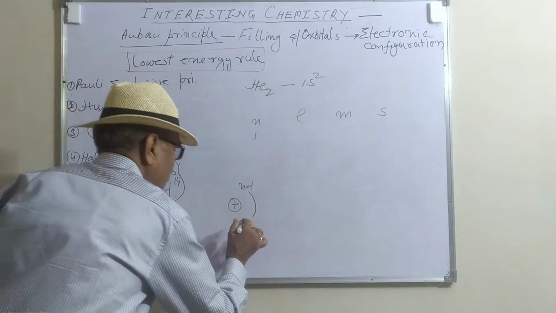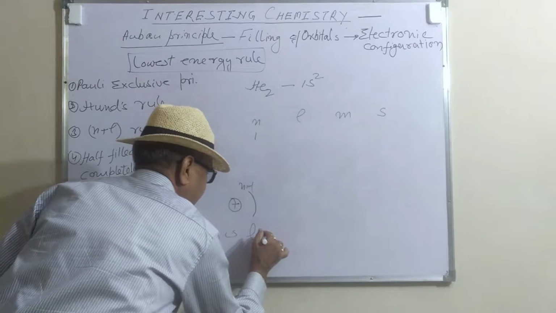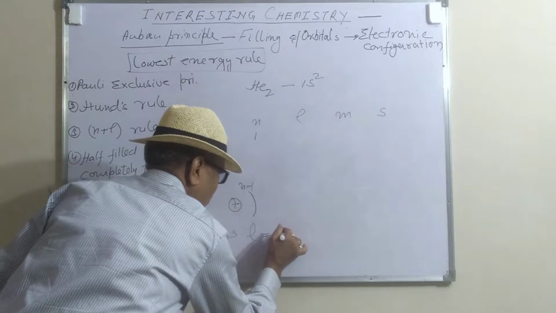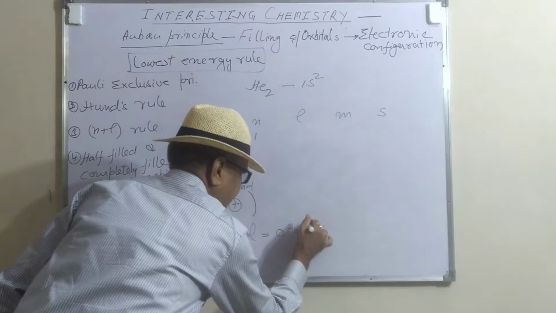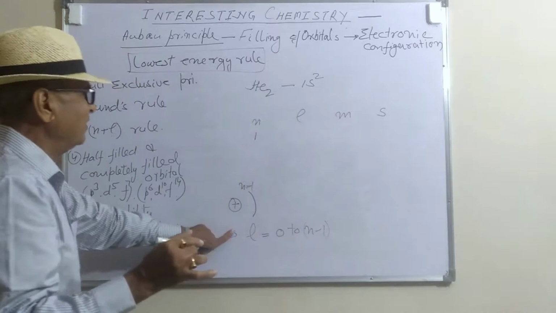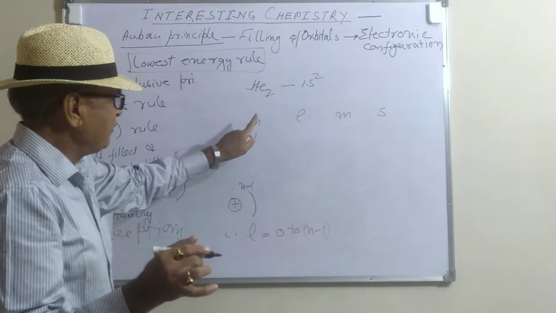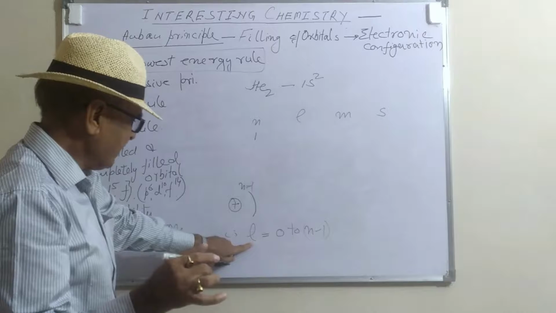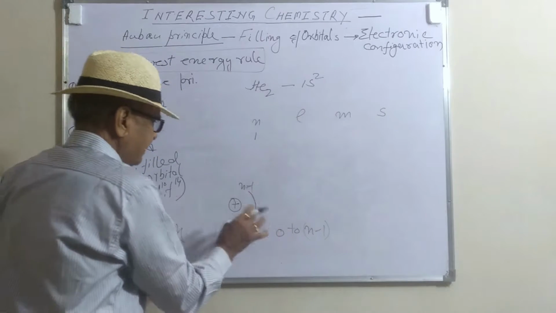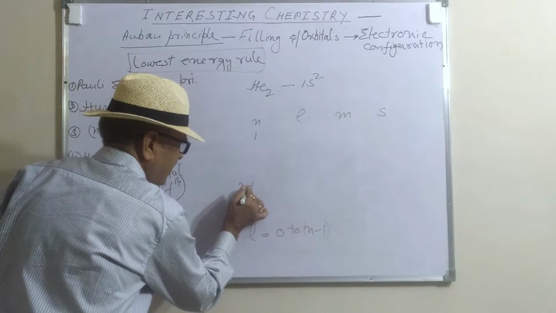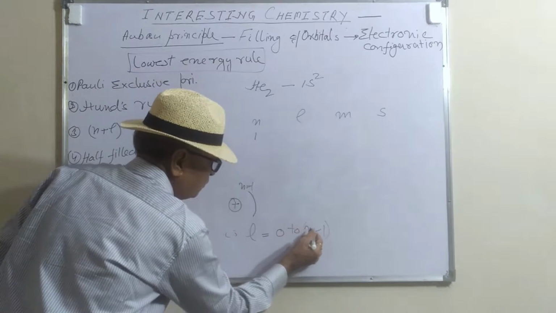I told you the subshell is given by the value of l. l is dependent on n, and its value will be 0 to n minus 1. Here the value of n is 1, so you write 1 minus 1, it means 0 to 0.